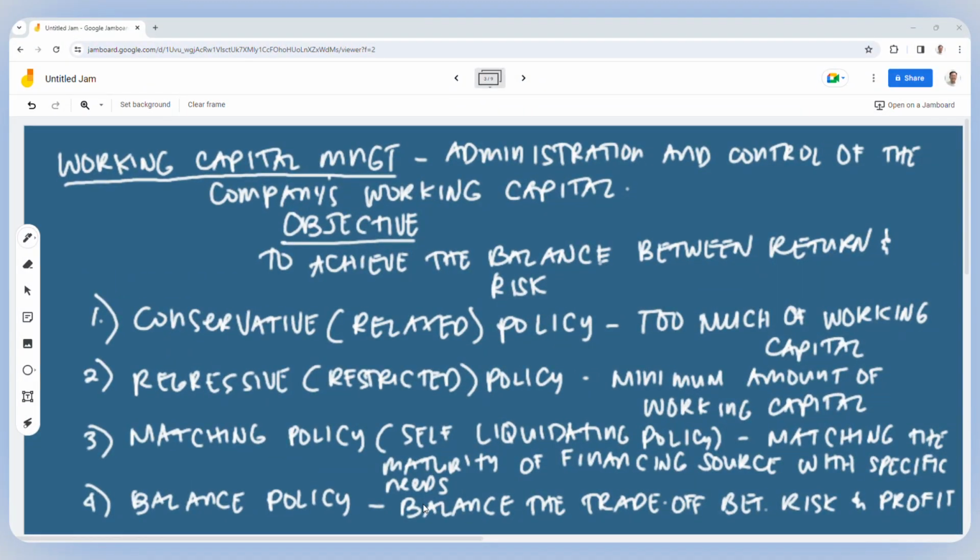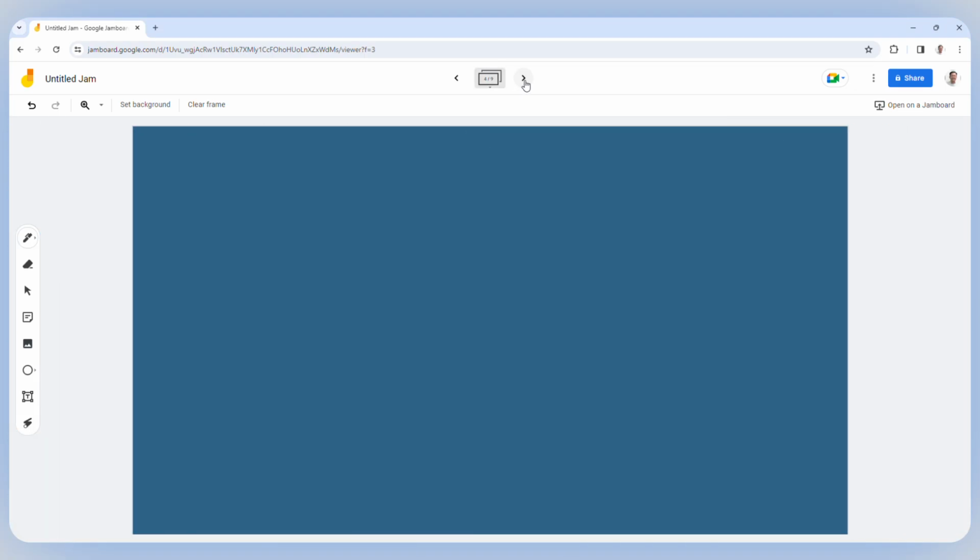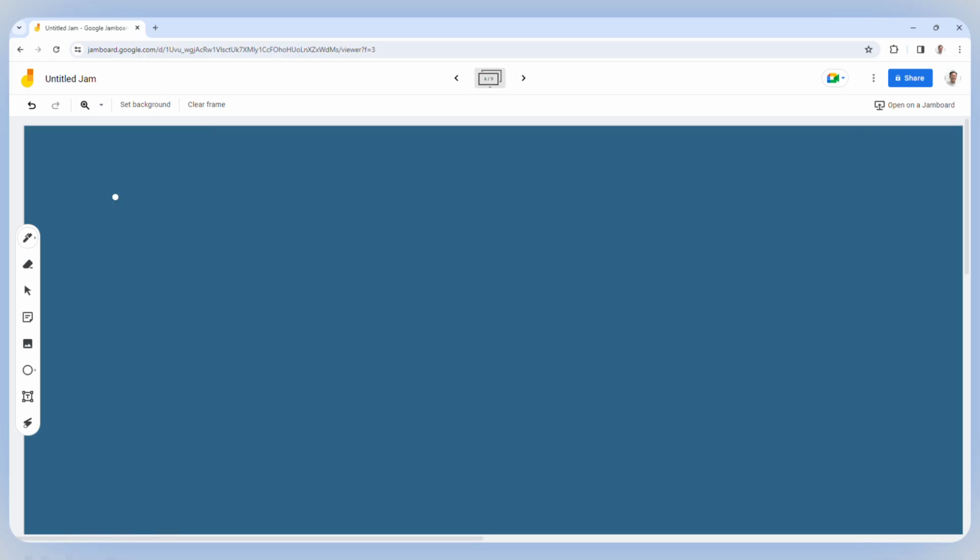Anyway, so we go now to these methods, or what are the management of your working capital. Now, we go first with number 1, management of the current assets.